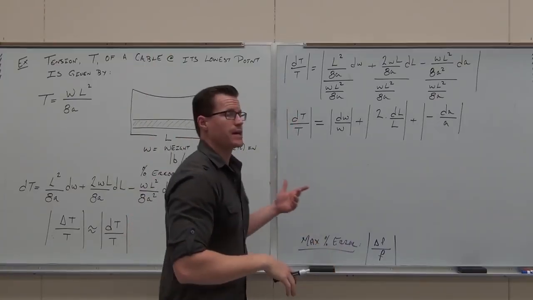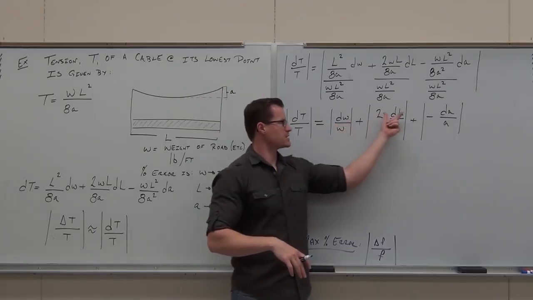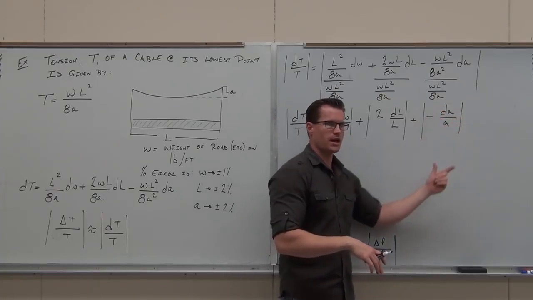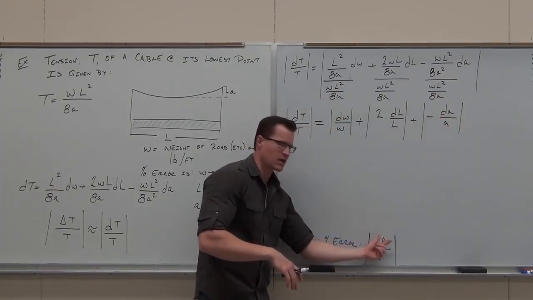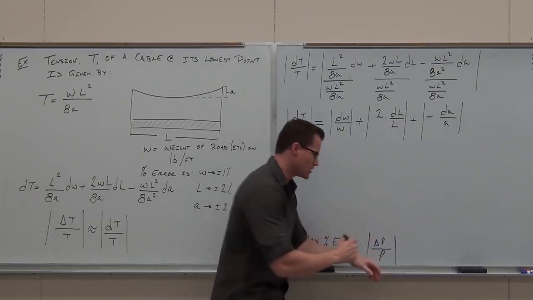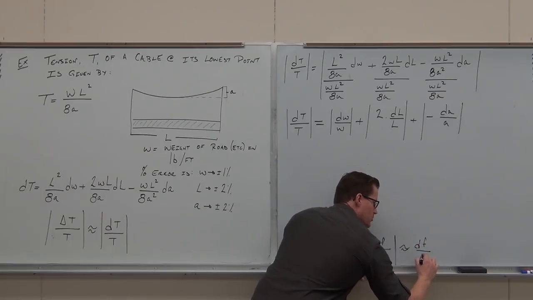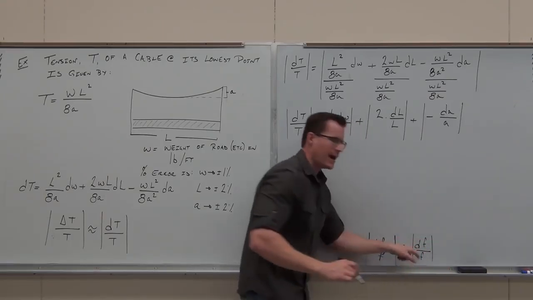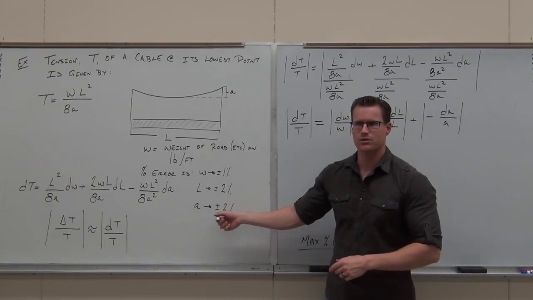Now, let's think about what this actually means. What is dW over W? What is dL over L? What is dA over A? What is this thing? This is percentage maximum error. This is the amount that it changes over the total. That's a percentage here. This is always approximated by the differential of the function over the function. That is exactly what this and this and this are giving you.